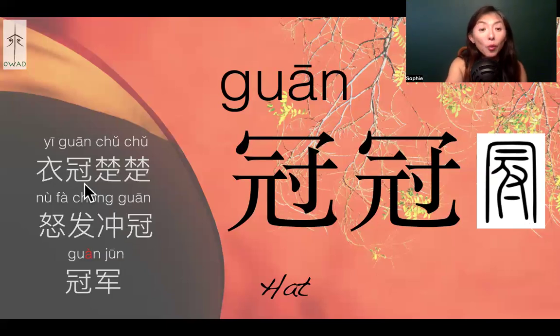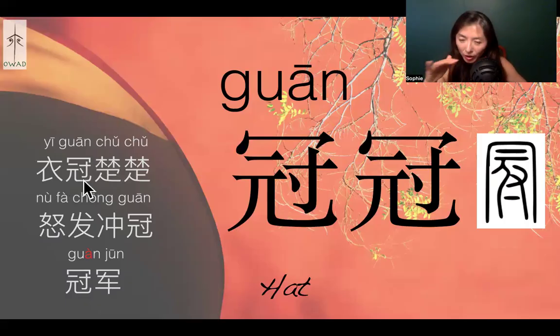Okay, 衣冠楚楚. A few episodes ago, we talked about 衣冠冢. That's the grave that only contains 衣, clothing or apparel, and 冠, your hat. So see, your hat is one of your major identities. What type of hat was under that grave?